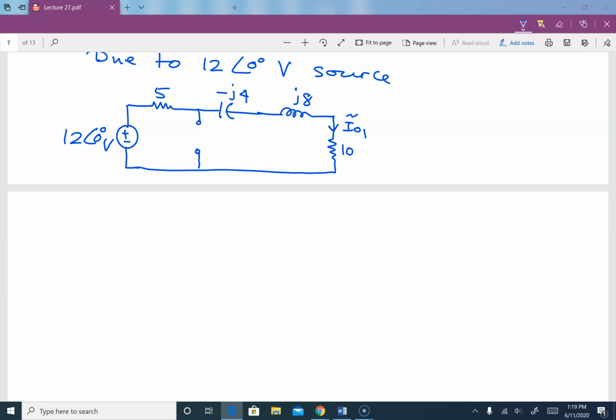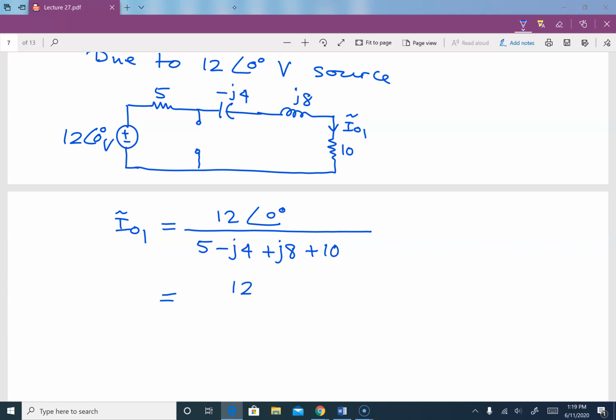So we can solve for I naught 1 by saying that voltage divided by the total impedance. That is 5 minus J4 plus J8 plus 10. So in this case, that is equal to 12 with angle 0 divided by 15 plus J4.